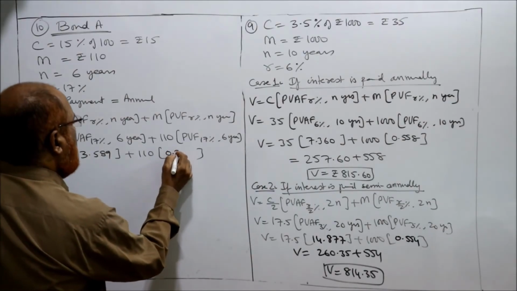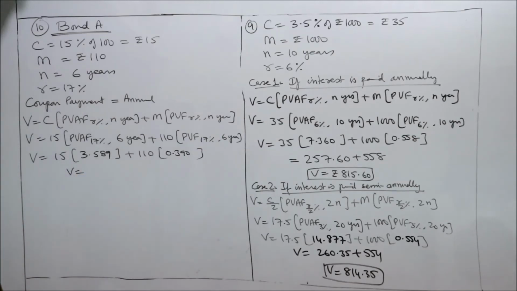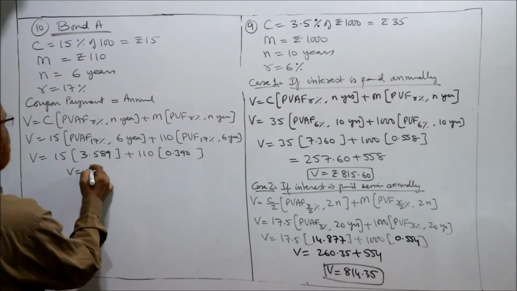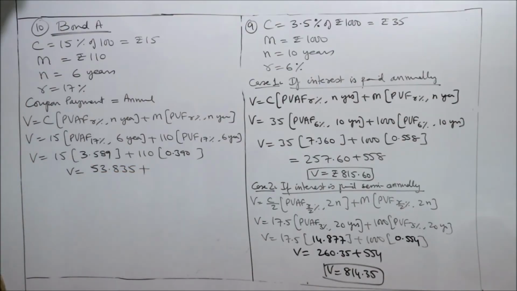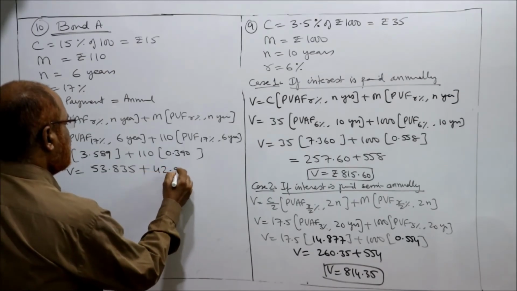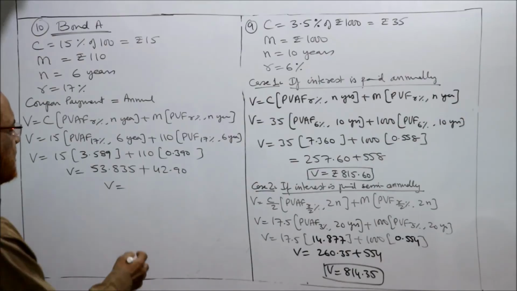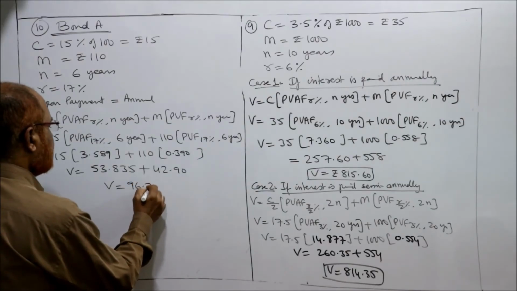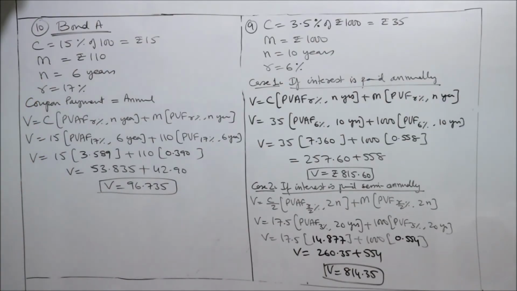And 0.390. So 53.835 plus 42.9, 96 point, this is the value of the bond 735. This is for bond A.